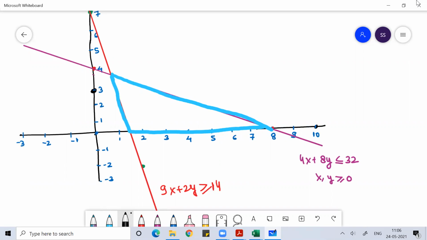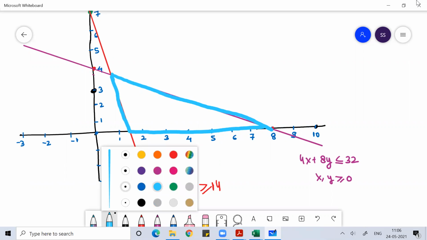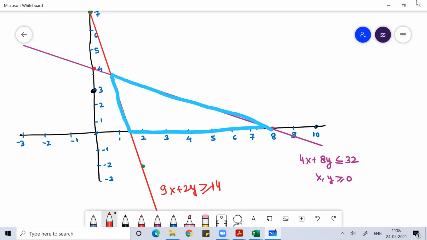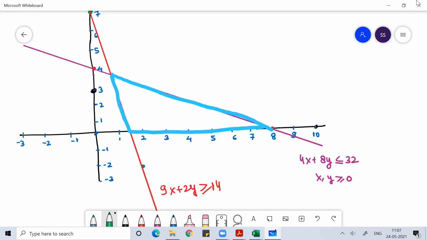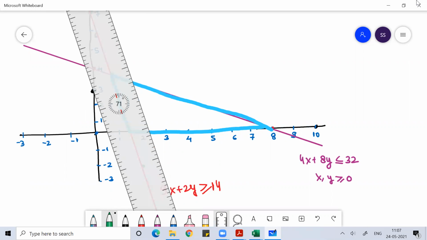Now what you'll do, let me just choose the color. So I'll draw the line.